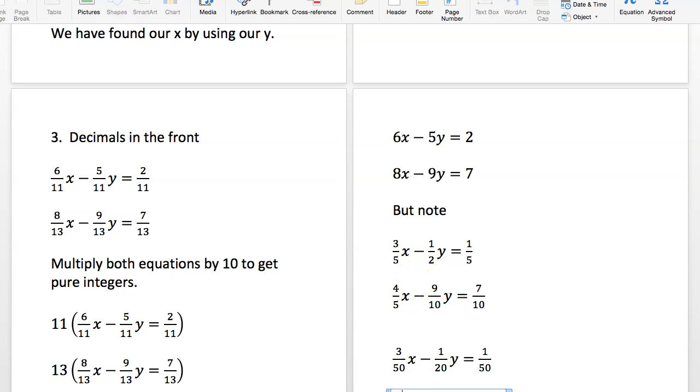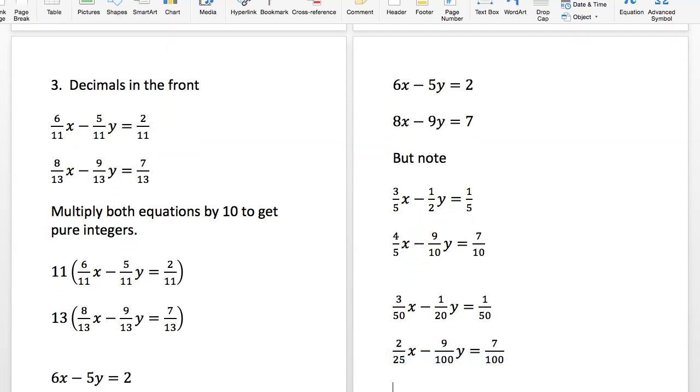Sorry guys, 4 over 50 is 2 over 25. I forgot to reduce the 4 to a 2. I had my mind on the 50 so much I forgot to cut the 4 down. So it's 2 over 25x minus 9 over 100y equals 7 over 100.